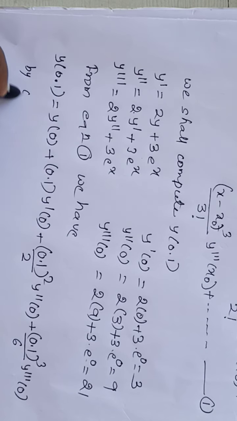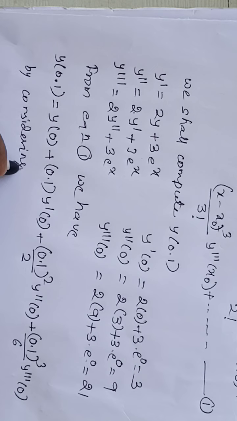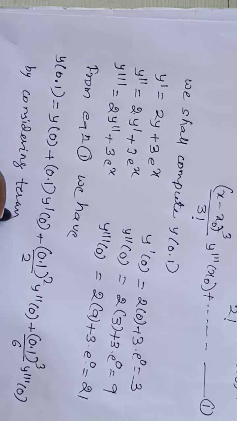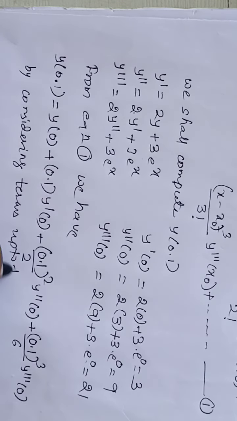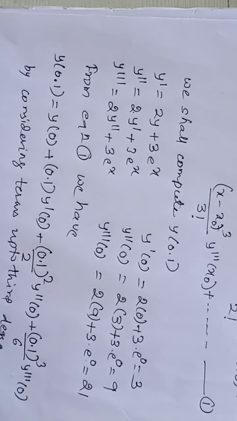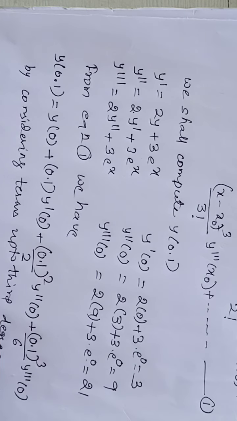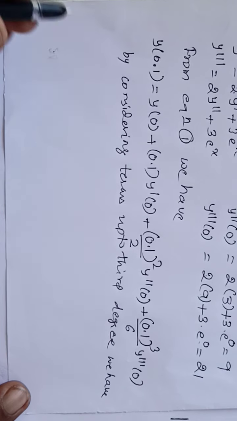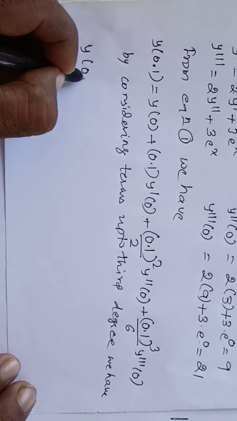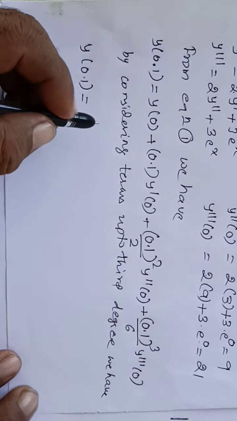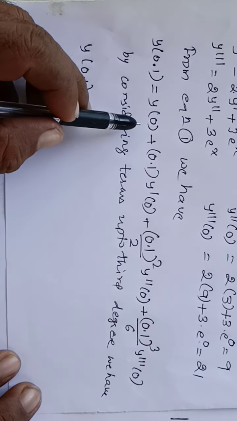Next, by considering terms up to third degree, we have y of 0.1 is equals to y of 0. y of 0 is how much?